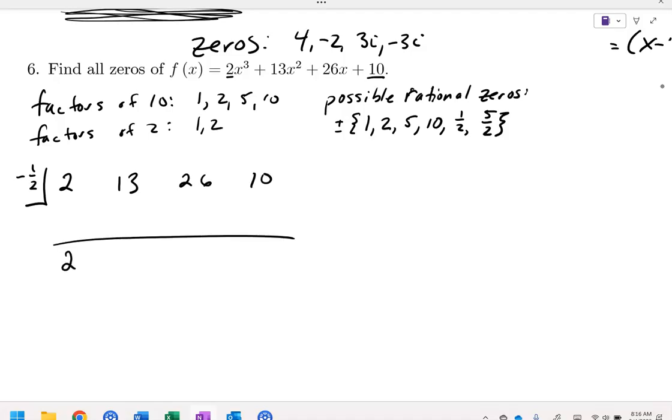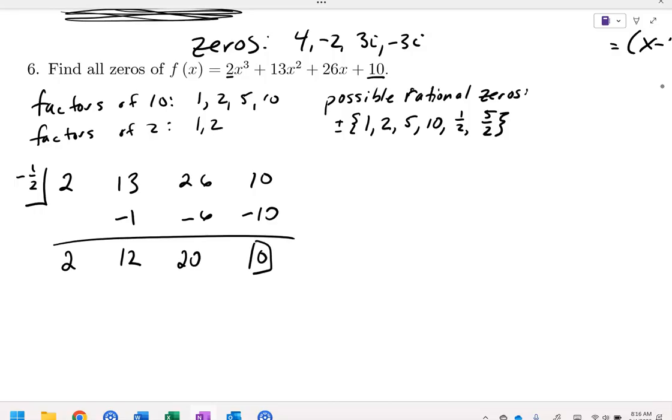Bring down the 2, multiply negative 1/2 times 2, we get negative 1. Add down, we get 12. Multiply again, negative 1/2 times 12 is negative 6. Add down, we get 20. Multiply, we get negative 10. And add down, we get 0.